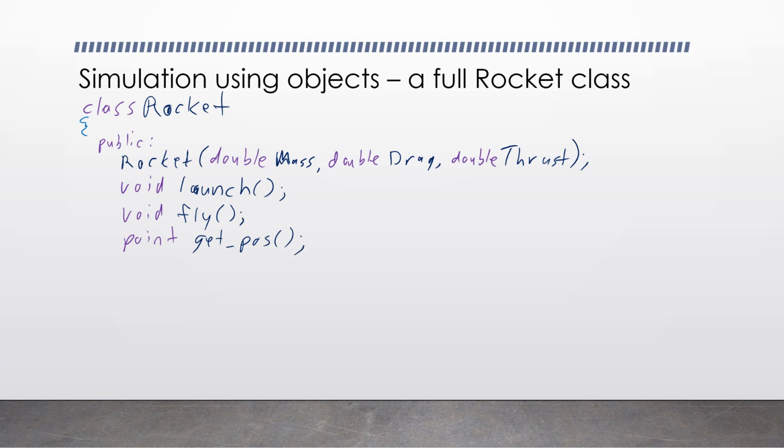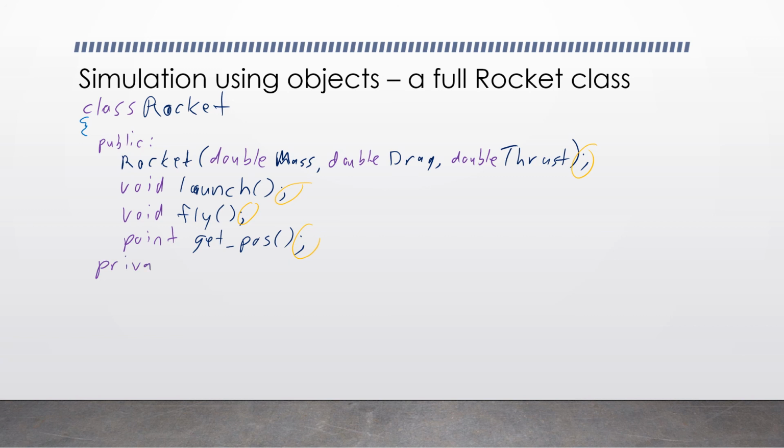Okay. Notice that I'm putting a semicolon at the end of all of these function definitions or method definitions. That tells C++ that I'm going to define them later elsewhere in the program like I've been doing.